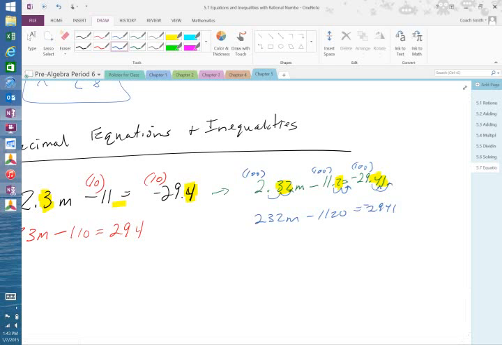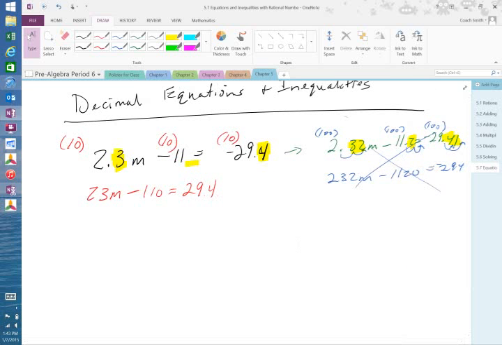From this point, remember that was just an example. From this point, you just solve this equation. So I add 110 to both sides. Cancels on the left side, leaving me 23m is equal to 404. Is that right? Okay. And it's negative 404. Is that right?